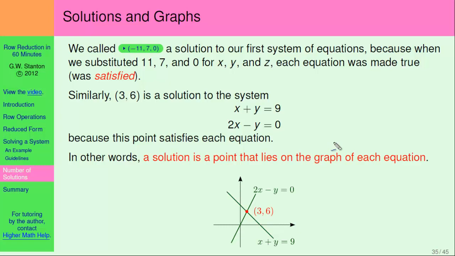So, in summary, what we have is that a solution is a point that satisfies each equation, which in graphical terms means it's a point that lies on the graph of each equation. In other words, in the picture you see here, the solution is the intersection point of the two lines.